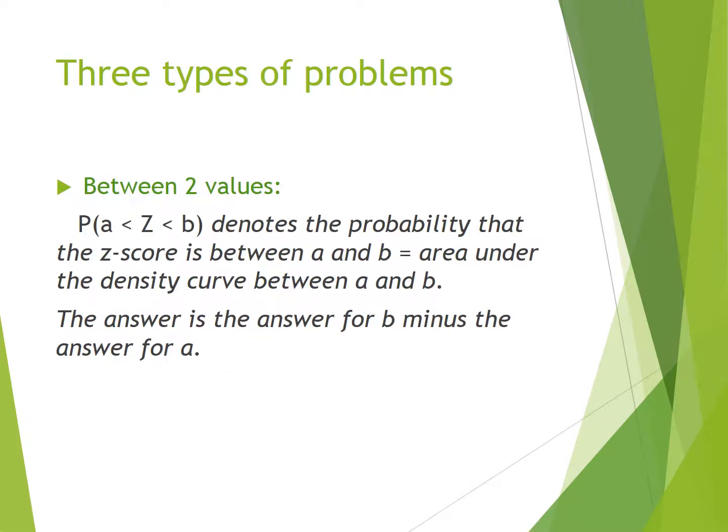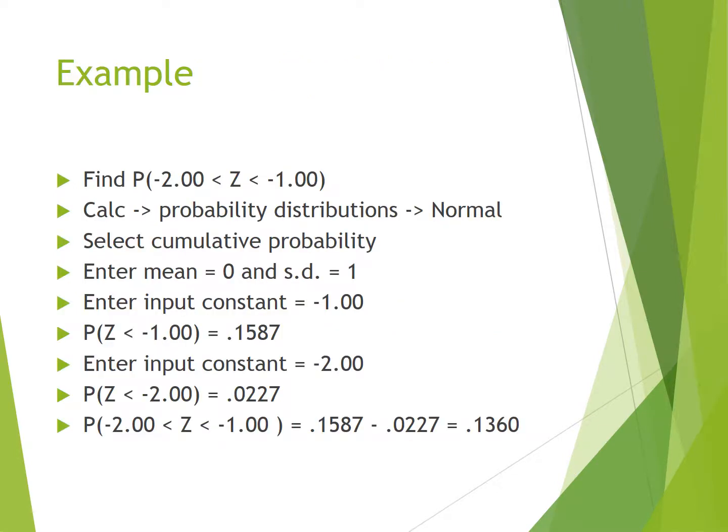The third type of problem is between two values. So then we're going to do the Minitab problem twice. First, we're going to do it for the larger value, the b, and then we're going to do the same process again for a, and then we're going to subtract those two answers. Probability that z is between -2 and -1. So the first thing we're going to do is input constant being -1, and I get 0.1587.